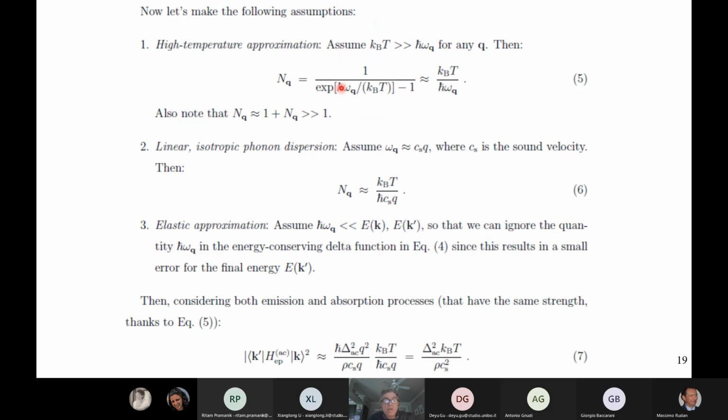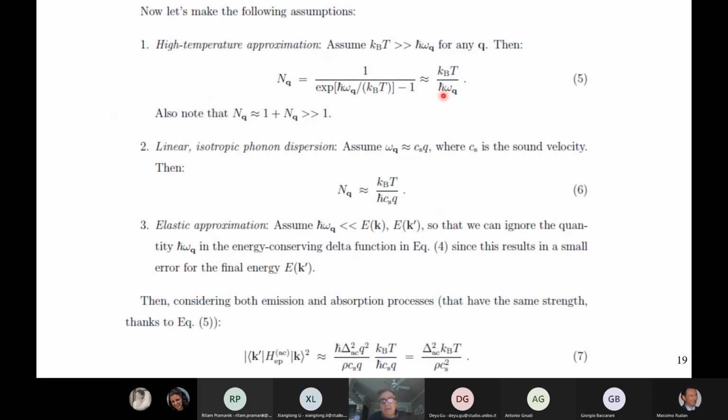And there are some convenient and extremely common approximations. First of all, we're dealing with acoustic phonons. Acoustic phonons have an energy that goes to zero as q goes to zero. If we're calculating the mobility, for example, or electronic transport at fields which are not too high, the electrons populate a region of the Brillouin zone, as I said before, that is not very large, and it's around the minimum of the conduction band.